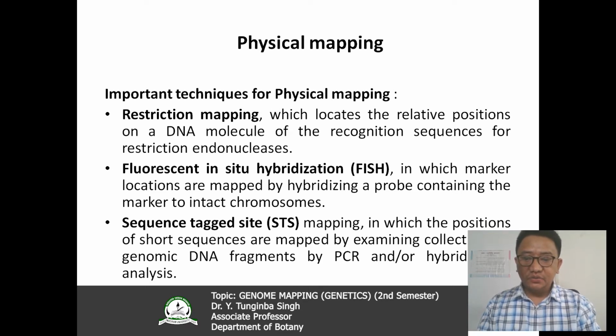And then sequence tag site mapping, STS mapping, in which the positions of short sequences are mapped by examining genomic fragments by PCR and/or hybridization. So these are three important techniques for physical mapping, and in today's class we will be looking into restriction mapping in detail.